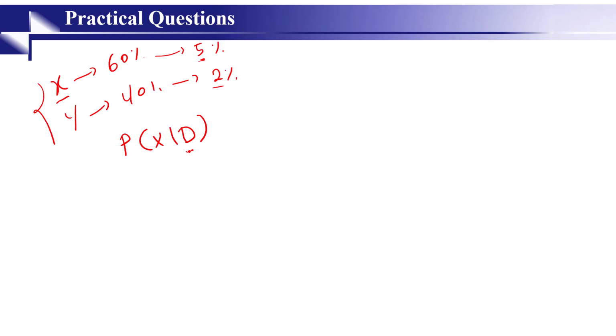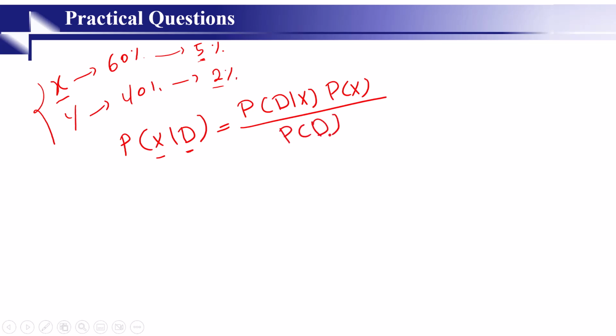We want to find out the probability that it came from machine X. Based on Bayes theorem, probability of X given D is equal to probability of D given X multiply probability of X divided by probability of D. Probability of X is 60%, probability of D given X is 5%.